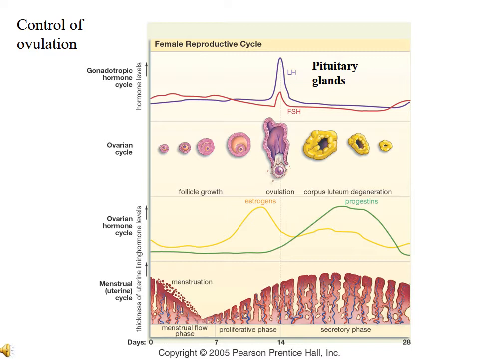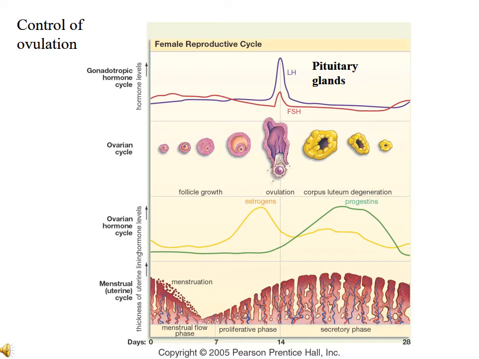Maintaining the integrity of the uterus lining is going to be vital for preparing the surface for attachment of a developing embryo. So, all that we're looking at is designed to maintain the lining of the uterus.